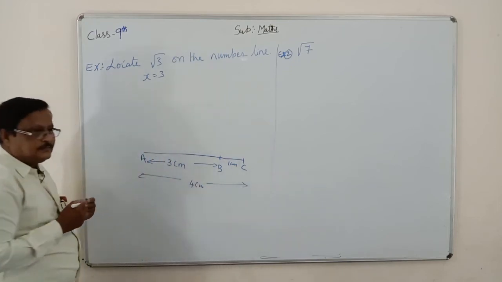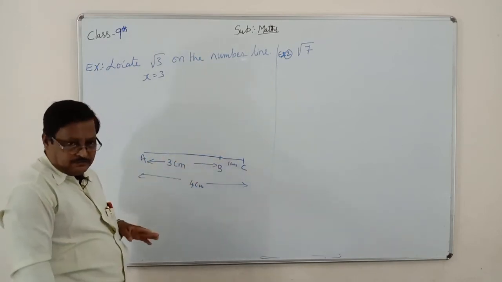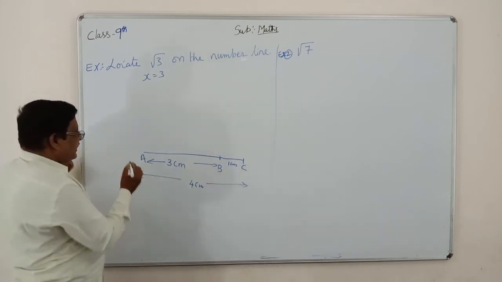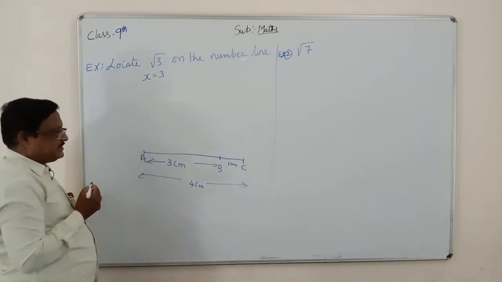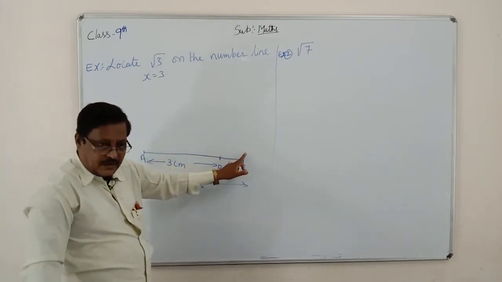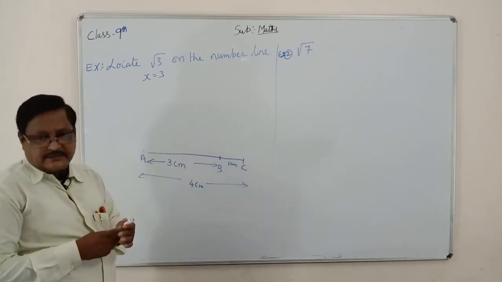AC. You find the midpoint of AC. Here this is A, this is C. Finding the midpoint of AC means bisecting the line AC.